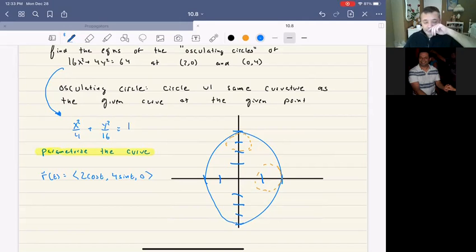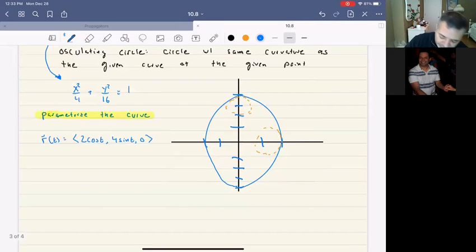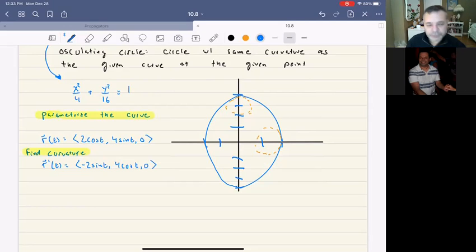My r prime of t, because here I'm going to find the curvature, is going to be negative 2 sine of t, 4 cosine t, 0.